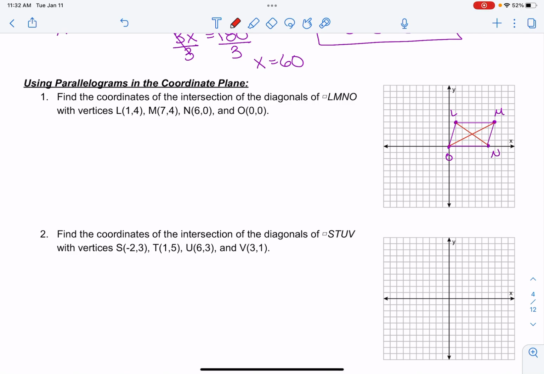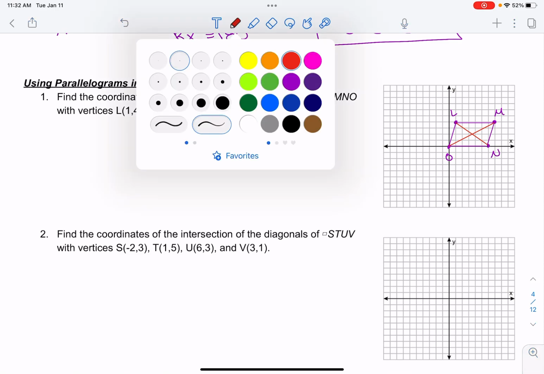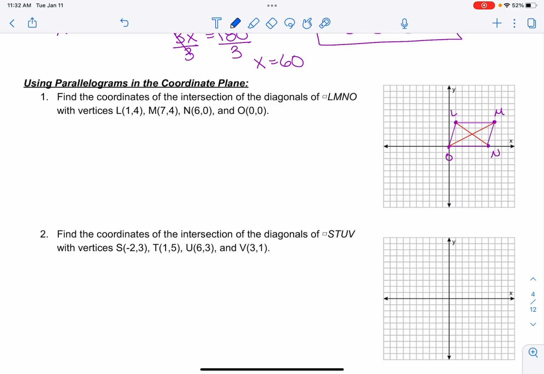Now you can't just look at this picture and try to see where that intersection is. You actually need to do the math to show me that intersection. So what you are looking for is the midpoint of those diagonals. So remember that our midpoint formula is x1 plus x2 divided by 2 and y1 plus y2 divided by 2.